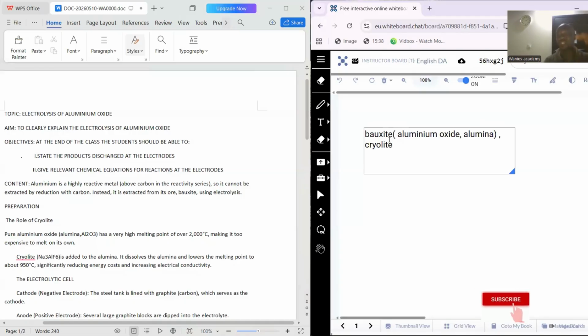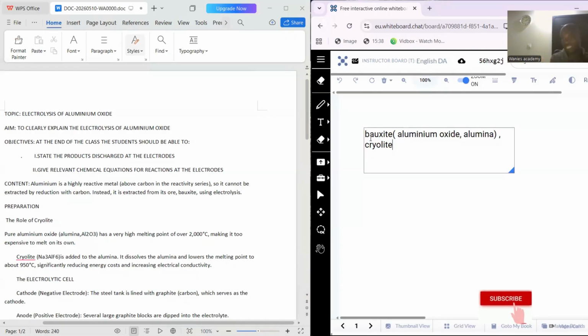This brings about a significant reduction in the energy cost needed for that melting, and it also increases the electrical conductivity of the aluminium oxide.